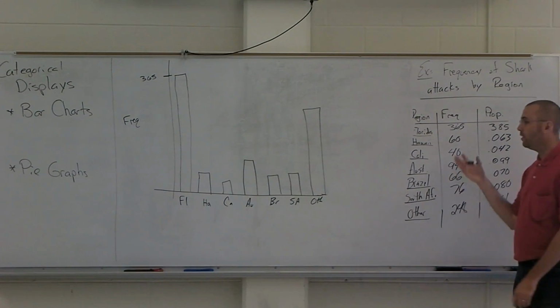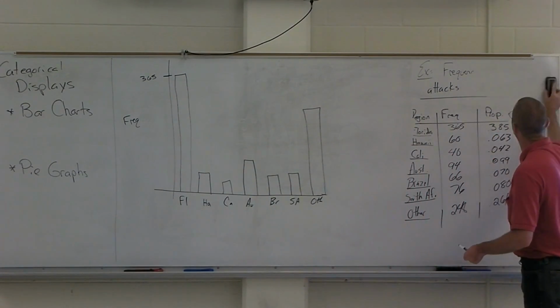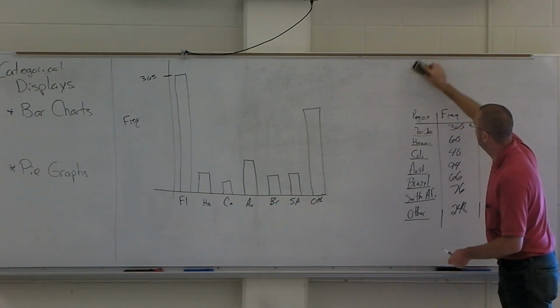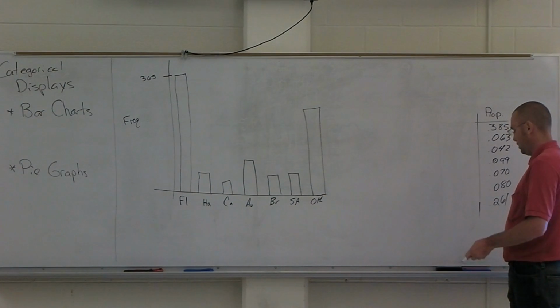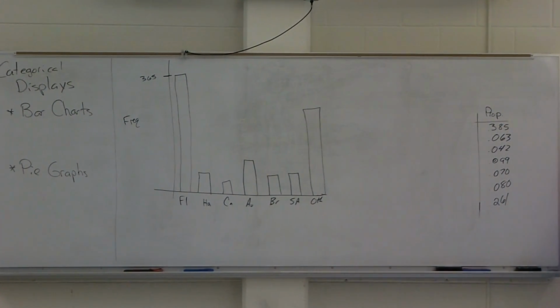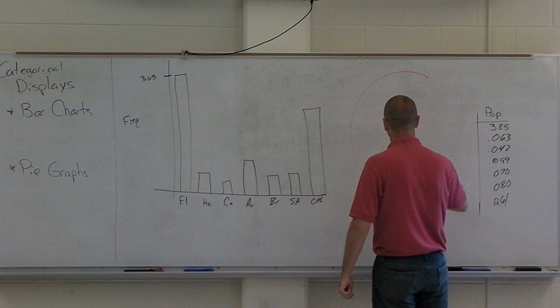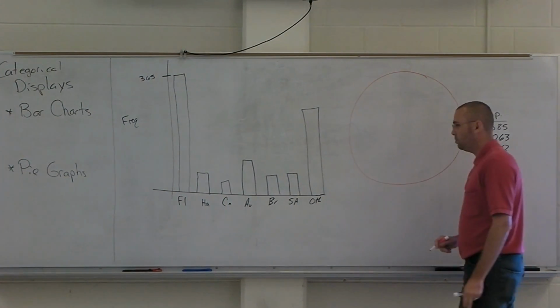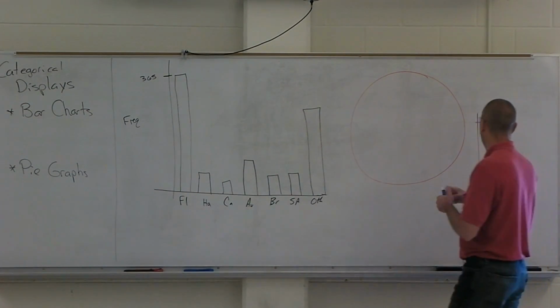Okay. Pie graph of something like this. I will draw one for the sake of having it. All right, so big circle. That represents the pie. And now we break it up so each of these is represented there somewhere.